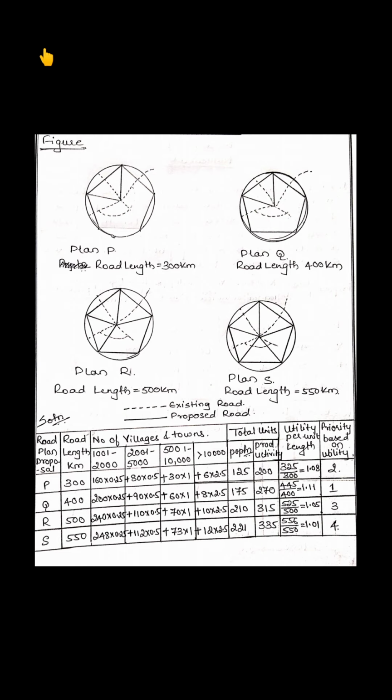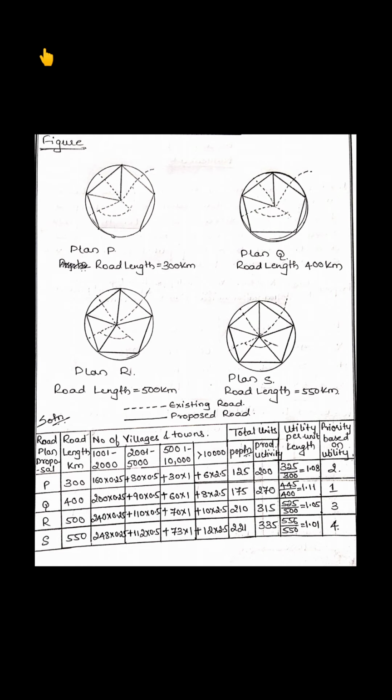Okay, for plan R, dotted lines are existing, and there is a pentagon with 4 different ordinates connected, isn't it? But in P and Q only 2 ordinates. Here there are 4 connections to the center. Here the road length is 500.